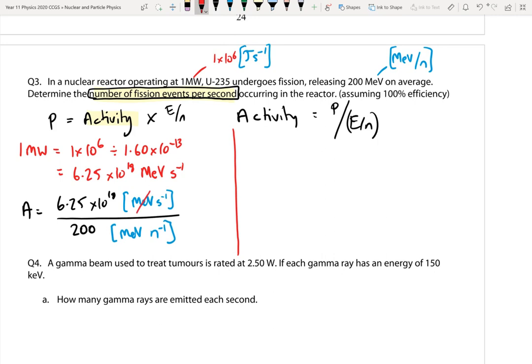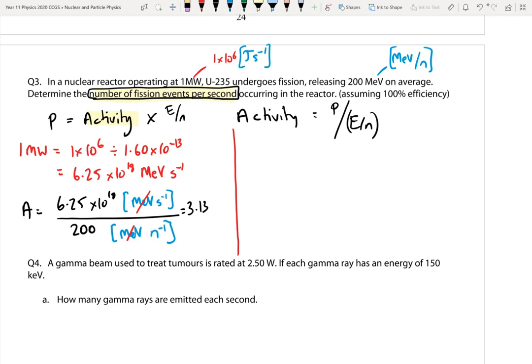The energies cancel. The s to the negative 1 stays there, but now we've got a 1 over n to the negative 1, which should just give us n. So I'm going to get n s to the negative 1, events per second, if I do it this way. If I take that number and divide it by 200, I get 3.13 times 10 to the 16.